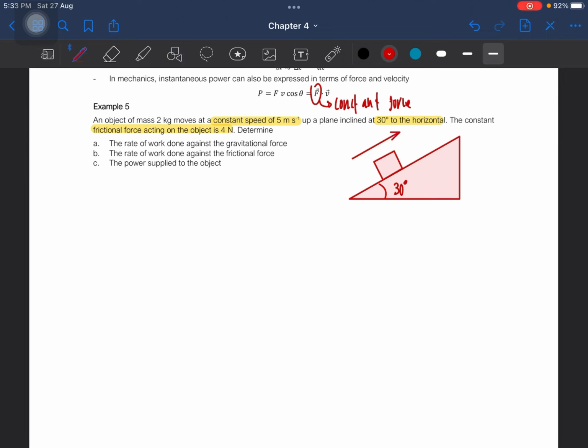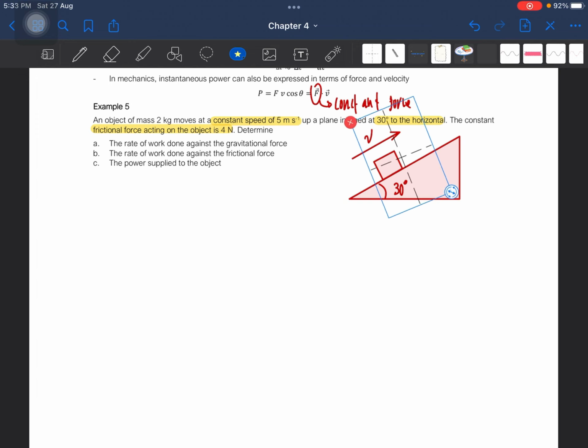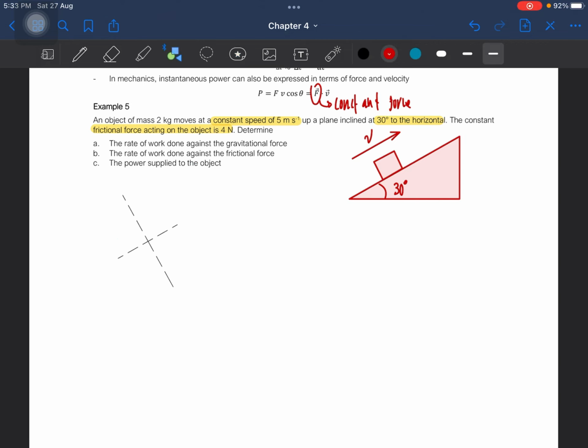So this is the constant speed, so there is no acceleration. So this is the V. There is a frictional force acting on the object. So there is friction. Let me just draw the free body diagram first. Okay, so that is like this.